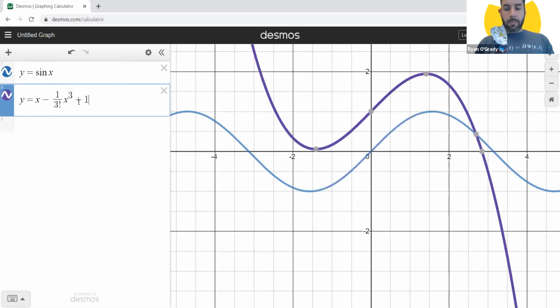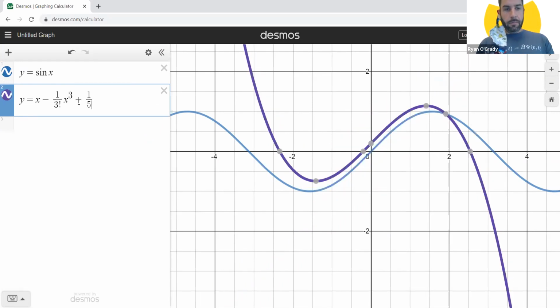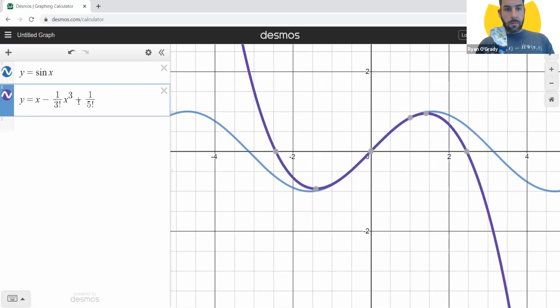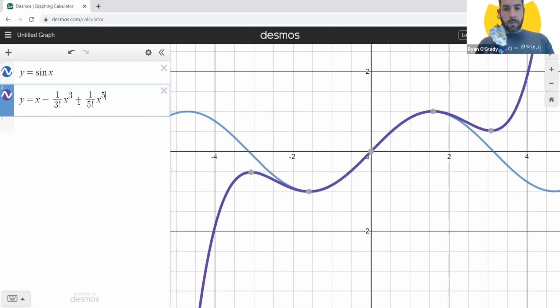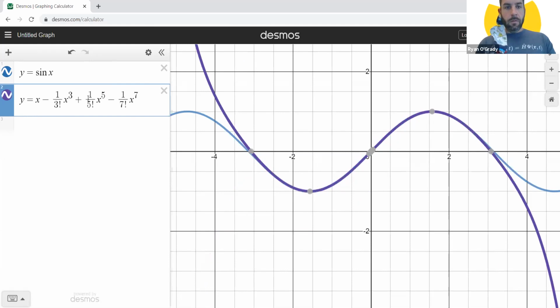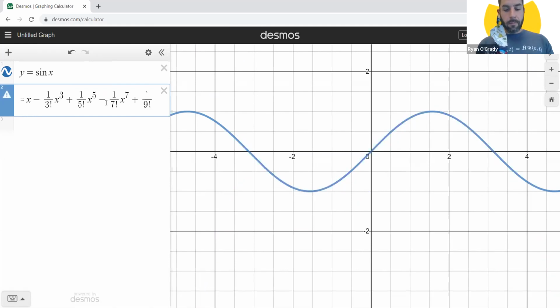Then I can add the 5th term. And then the next term. And then the next term. Oops, a 1 here, that's important.